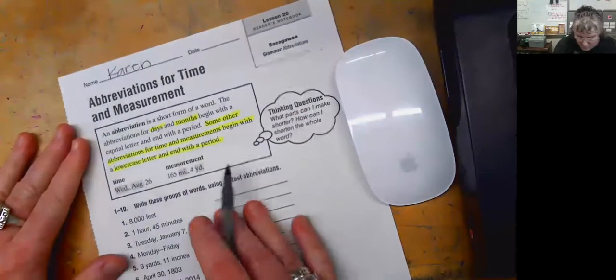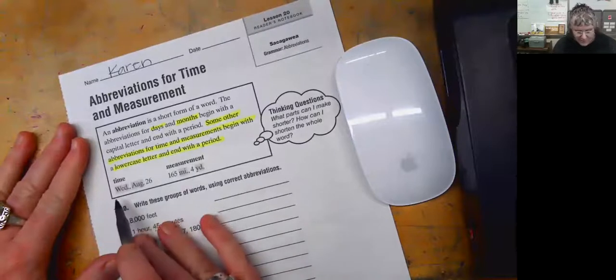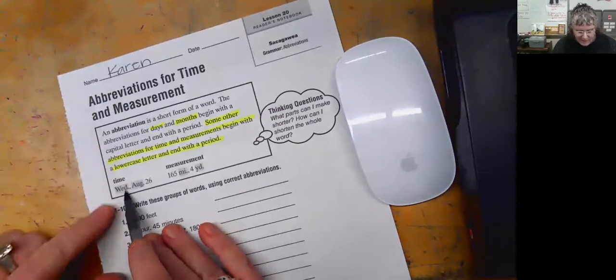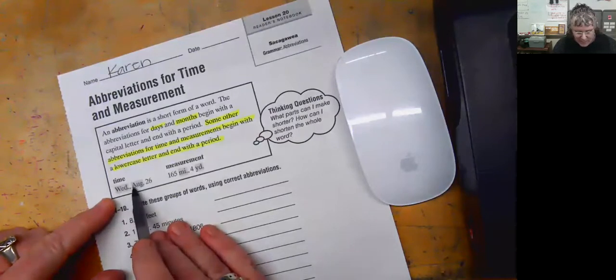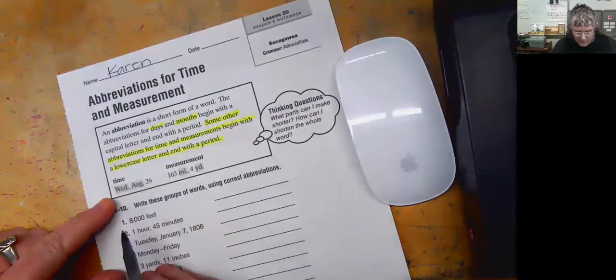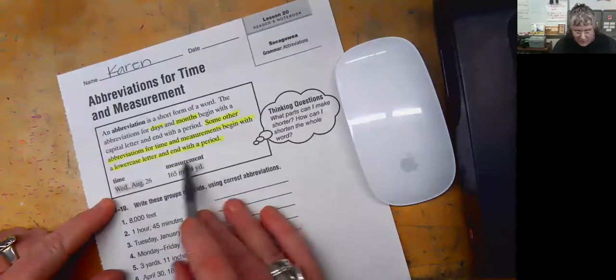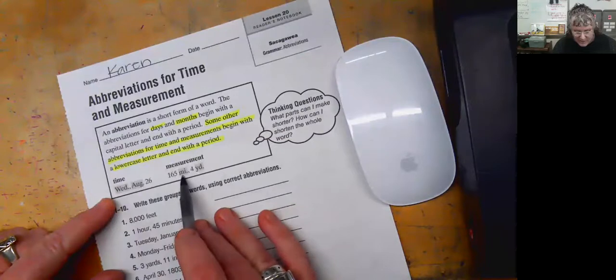So look at our time words right here. We have Wednesday, which is W-E-D with a capital and a period. And then we have August, capital A-U-G period. And then over here, when we have measurement, miles is lowercase m-i period.